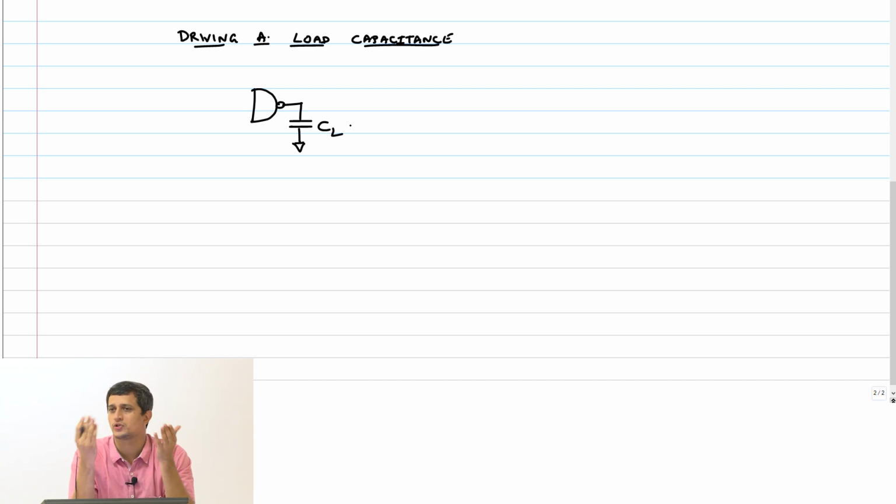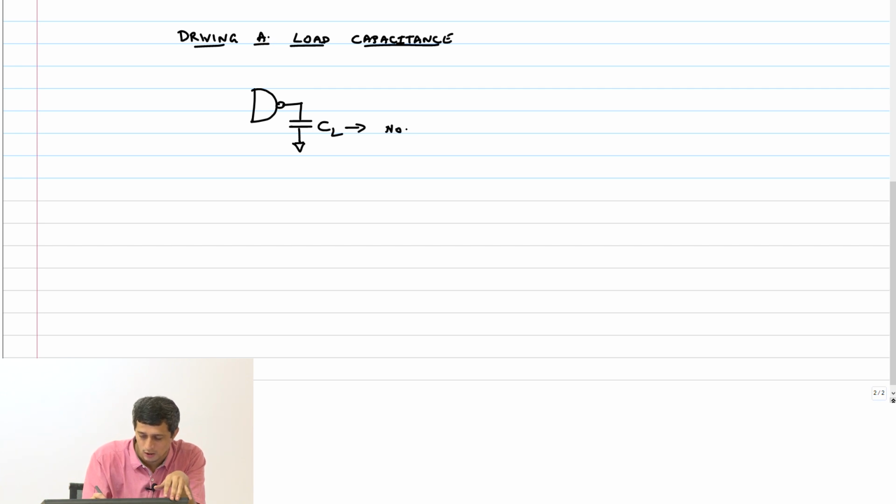And then I want to see how the delay equation changes, because this is the most realistic scenario that you are going to encounter. The gate is driving another gate, and therefore there is an external load capacitance which is fixed. And most importantly, this is not a function of NAND 2's drive strength.